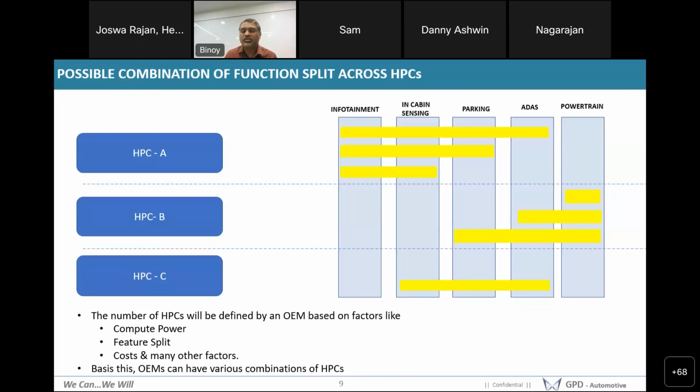If the music doesn't play, the car is not going to get into trouble, whereas if the brake doesn't work, you're going to be in trouble. So there are different levels of functional safety, and there are challenges in putting multiple levels of functional safety features in one box.